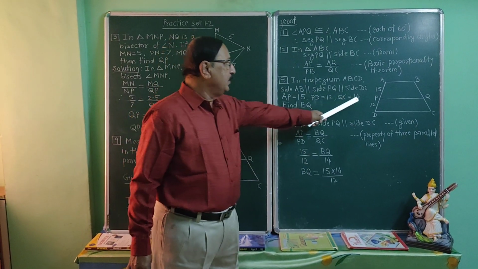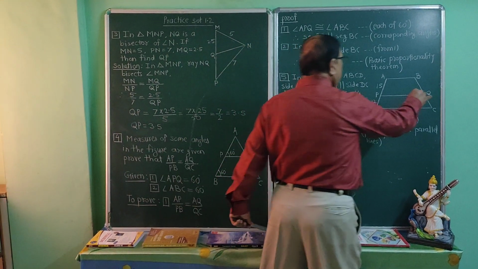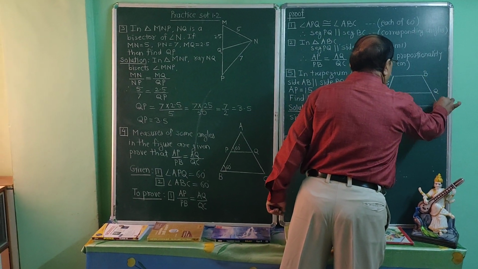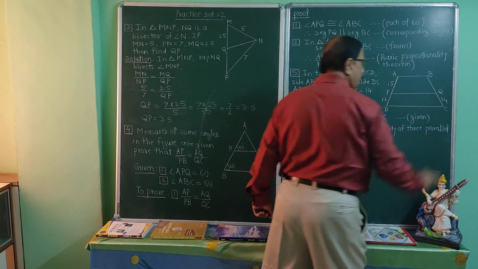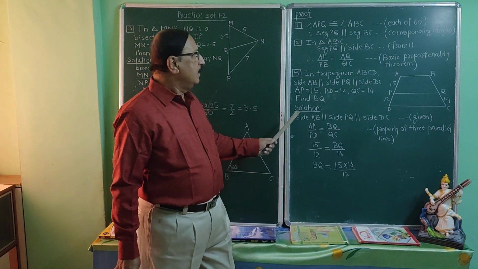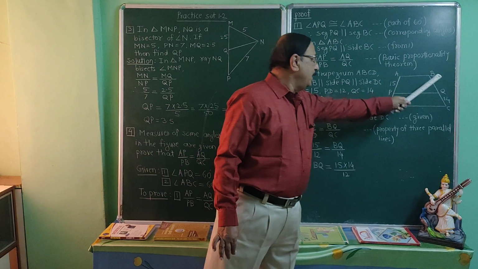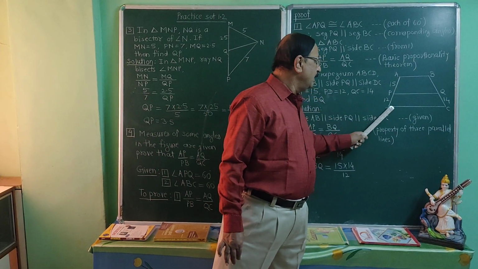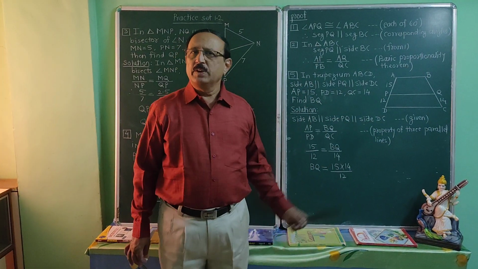Find BQ if QC is equal to 14. This is BQ, we are going to find out, and this is QC. Side AB is parallel to side PQ, is parallel to side DC, given.